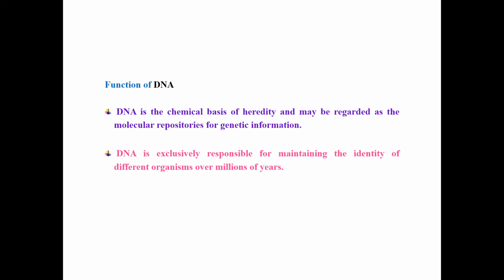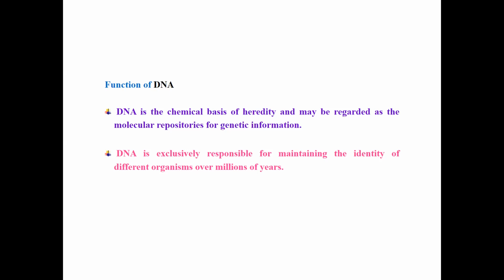So it is the chemical basis of heredity because when a cell divides, then DNA also needs to be copied, and then the new cell also gets the same DNA, and it may be regarded as the molecular repository of genetic information.